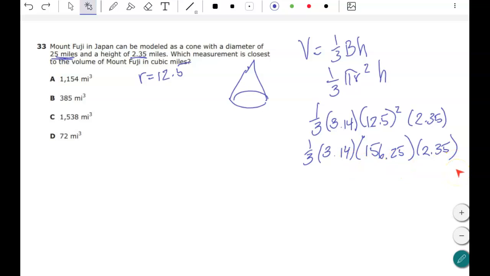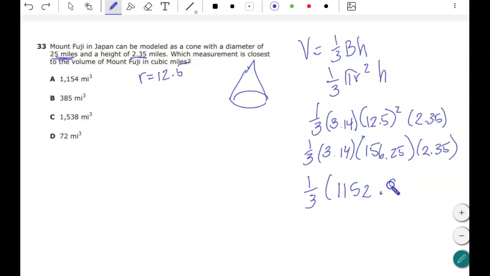So the 156.25 should already be in your calculator from squaring it. Now let's do times 3.14, because it takes that answer, and then times 2.35. 1152.96875. Now, we still have to do the third, which, multiplying by 1/3, is the same as dividing by 3.